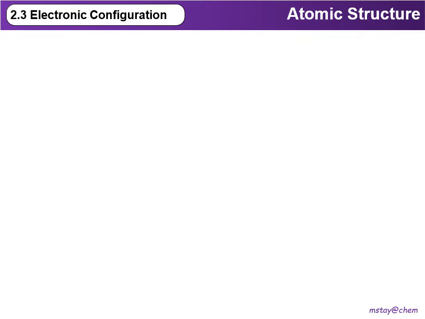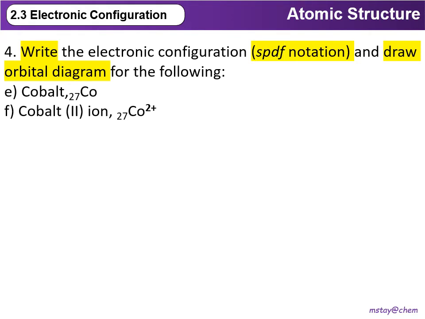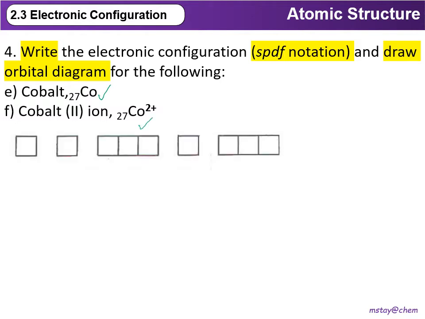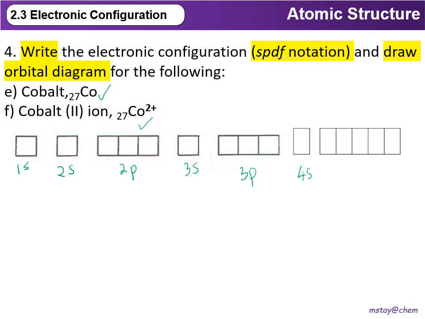Okay, question number 4E. This time we are going to write the electron configuration for cobalt and its ion, cobalt 2 plus. Similar to before, we draw out the orbital diagram and label 1s, 2s, 2p, 3s, 3p, 4s, and continue with the 3d orbital.